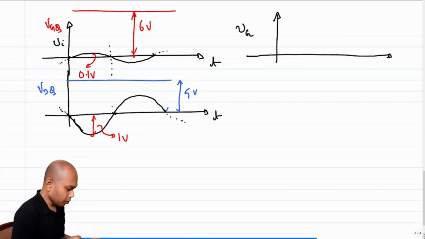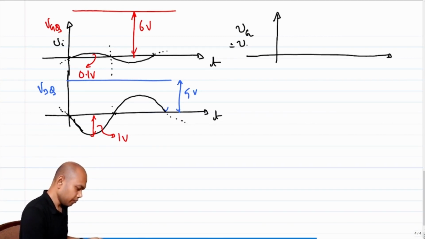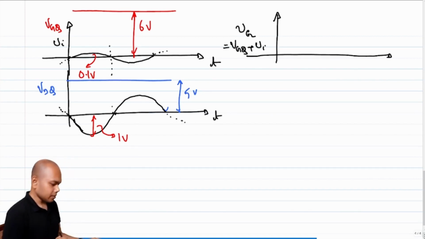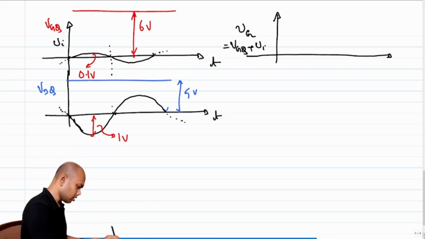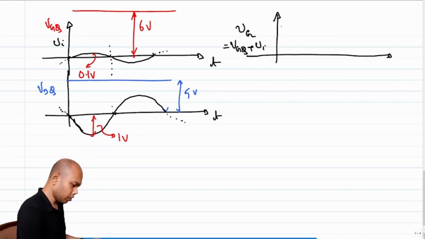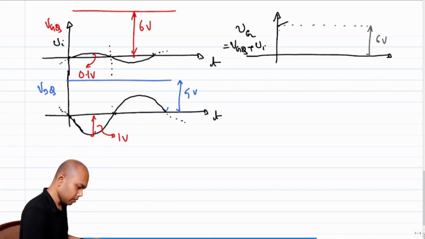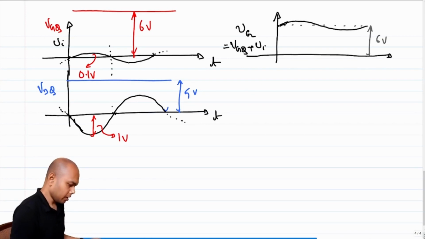Total gate is VGQ plus Vi, so the total gate voltage will be some 6 volt. Let's say this is a 6 volt line. On top of that, I'll have Vi. So this is the total gate voltage. And what is the total drain voltage?